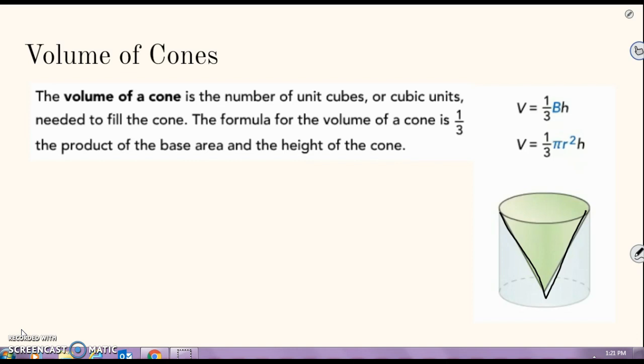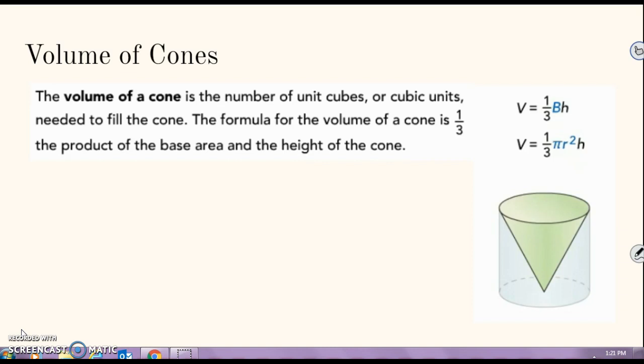What that is representing is that the volume of a cone is 1/3 the volume of a cylinder. So if we were to fill this cone up and pour it into our cylinder, it would only fill up 1/3 of it.